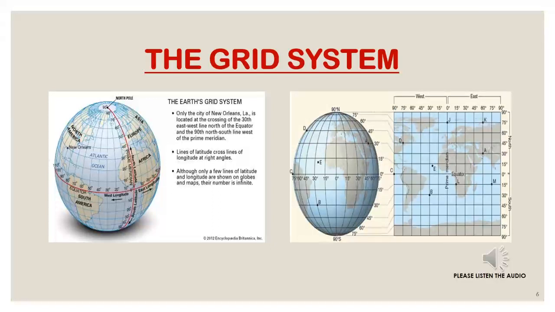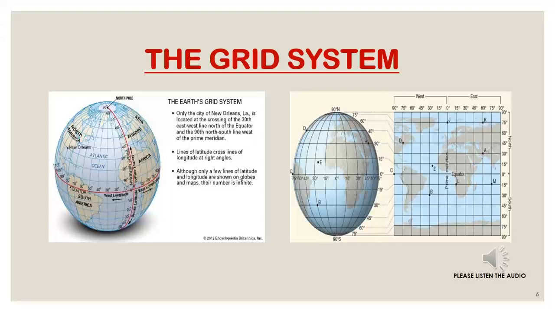Our next slide is the grid system. The parallel alone cannot be used to locate a place, so parallels of latitude and meridians of longitude are needed as intersecting lines on the globe. Through that intersecting point, we can locate a place in any particular region of the world or on any kind of map.